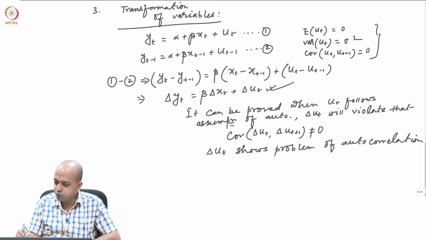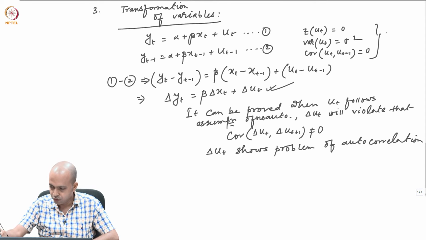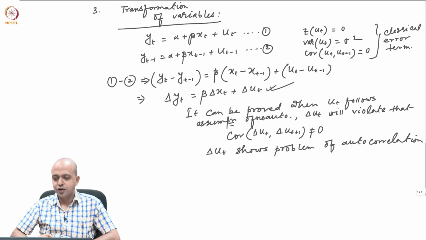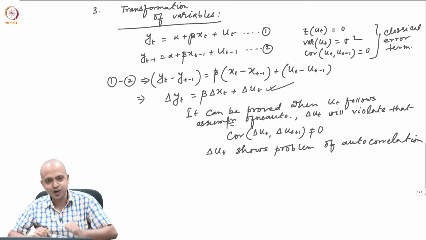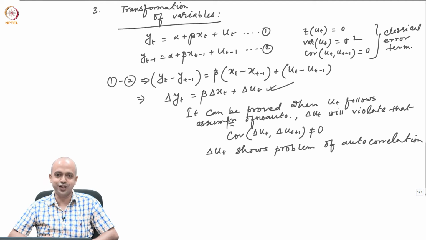This can be proved when u t follows the assumption of no autocorrelation, because u t is a classical error term. And the beauty is, if u t does not follow this classical assumption, then the first difference error term will follow the classical error term. That is why we will show later that the first difference transformation works better to solve the problem of autocorrelation.